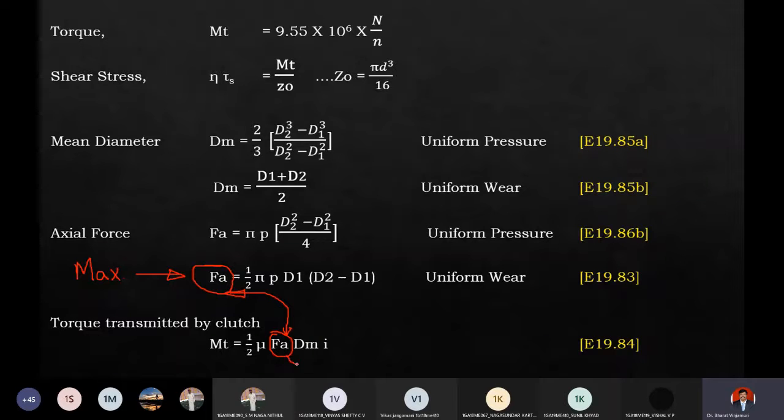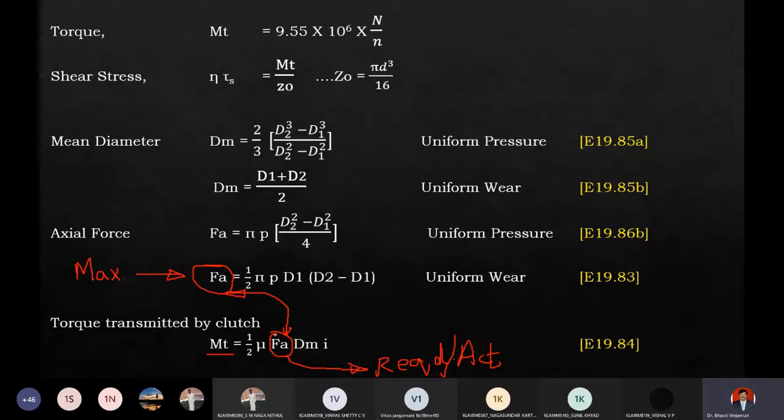Now here, this axial force is nothing but the axial force required to get this torque. So this is called the required, or I can say the actual. Once again I repeat: this is the maximum or limiting axial force, while in this case it is what is required. For a single plate clutch we usually assume the maximum is the required.